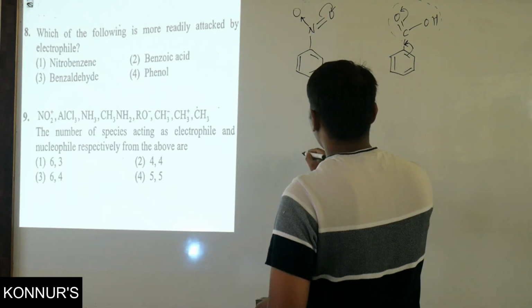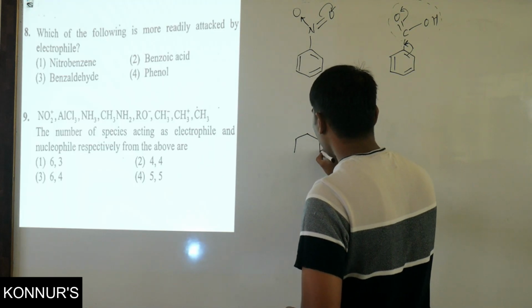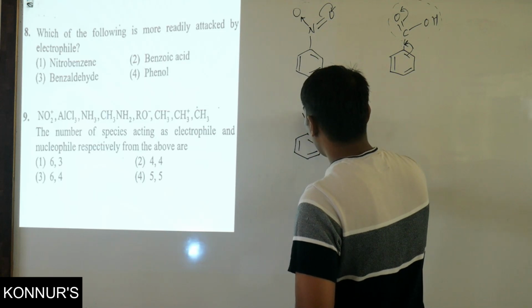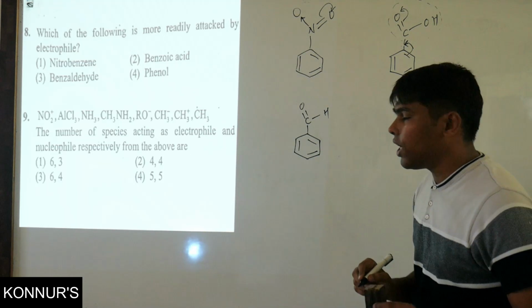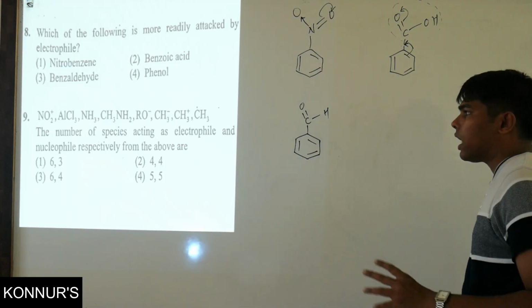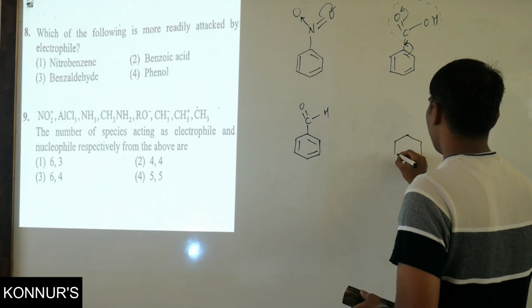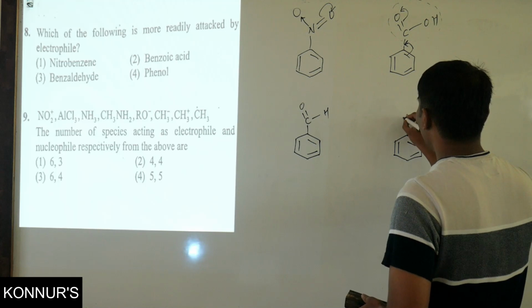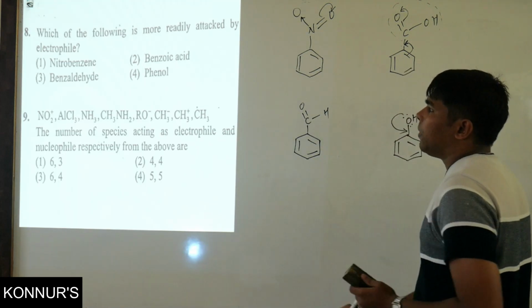As per the third option, again the same thing, where the benzene is bonded to an electron withdrawing group, because multiple bonded groups are electron withdrawing in nature. Bear that in mind. And the last one is phenol, where benzene is bonded to a hydroxyl group, which is electron rich and tries to donate a lone pair.